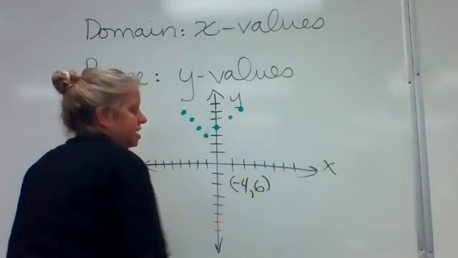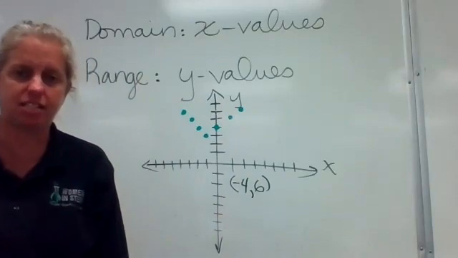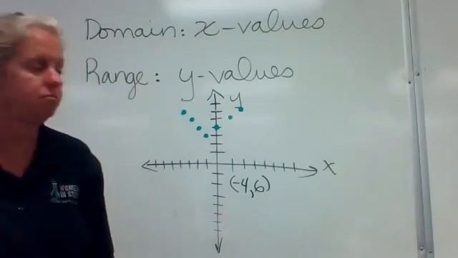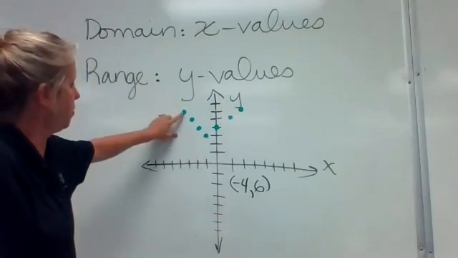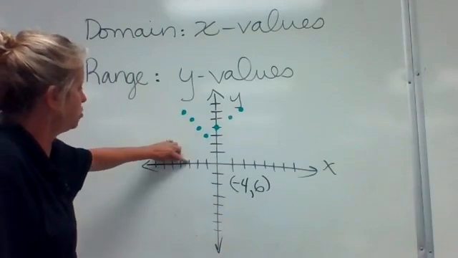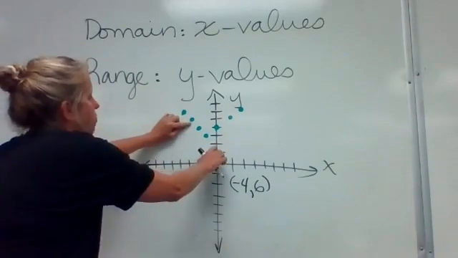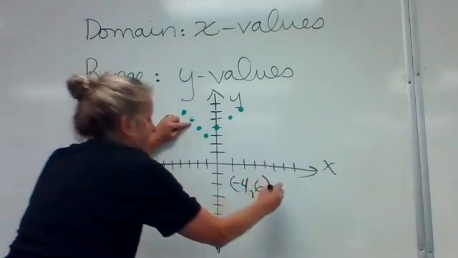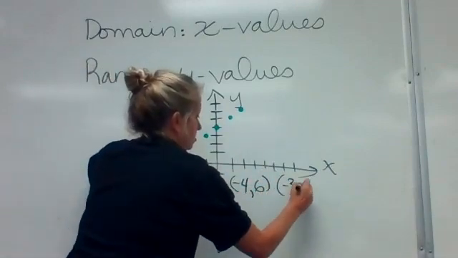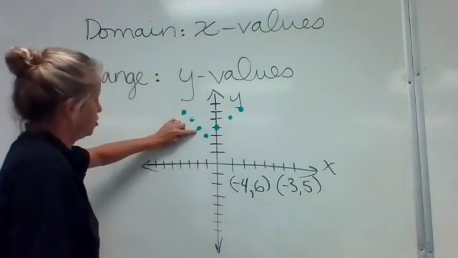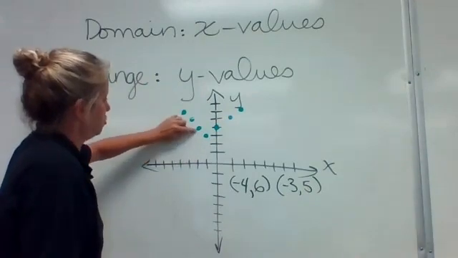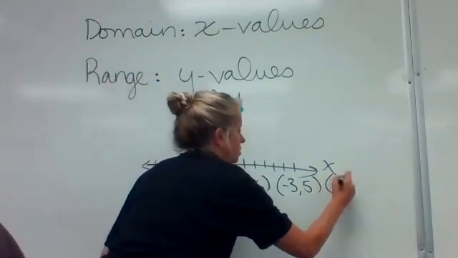So that point is at -4, 6. So that's that first point. Now I'm just going to go to the right. This one's at -3, 1, 2, 3, 4, 5. This one's at -2, 4.